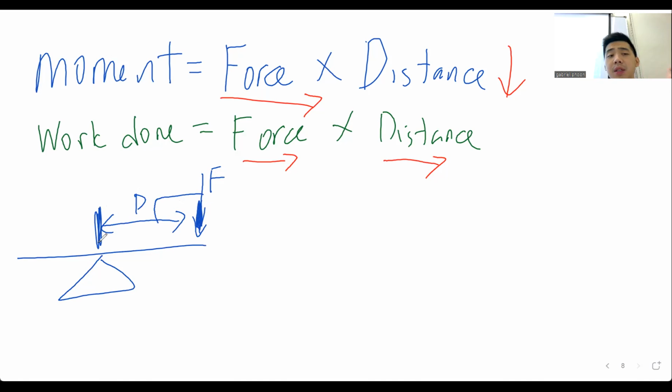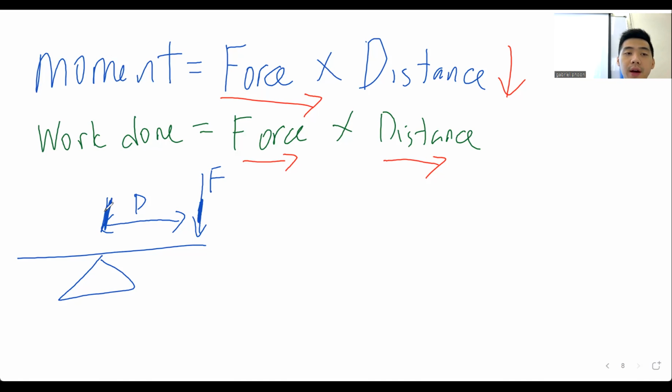A lot of students always mistake this. They tell me it is the force to the force or the force to some random thing, guys. No. Moment is force times perpendicular distance to the pivot. Always from the force to the pivot is the distance, not some other funny way that students always give me, right?